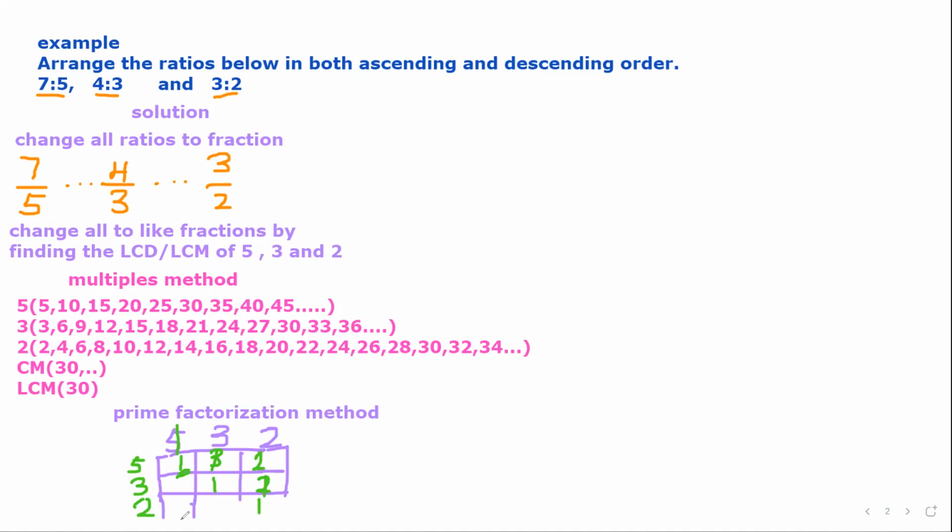Therefore, the LCD here is 5 times 3 times 2, the multiples of the numbers that we use to cancel the given denominators. 5 times 3 is 15, times 2 is 30. Okay, good.